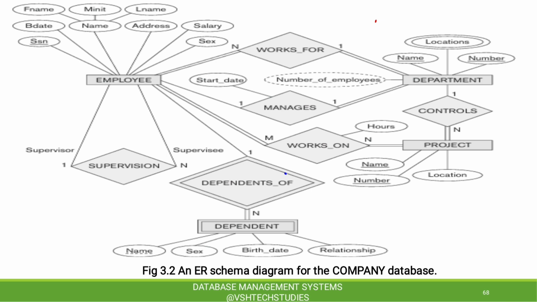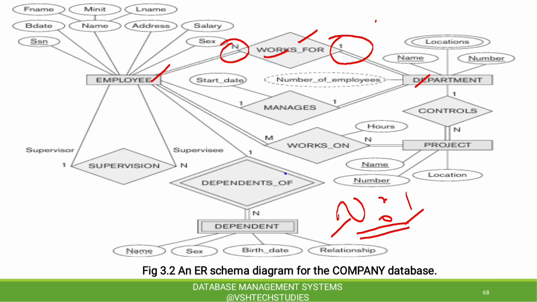For example, for the works for relationship, the cardinality ratio is n:1, meaning the participating entities are employee and department. The cardinality ratio of their participation is n:1, meaning n employees can work for one department. That is, any number of employees can work for one department.